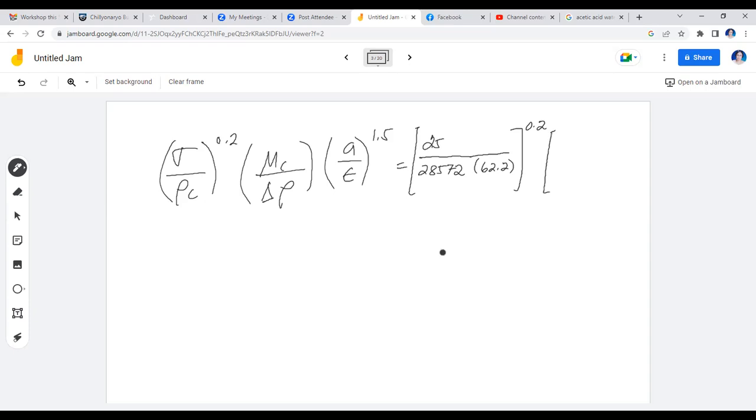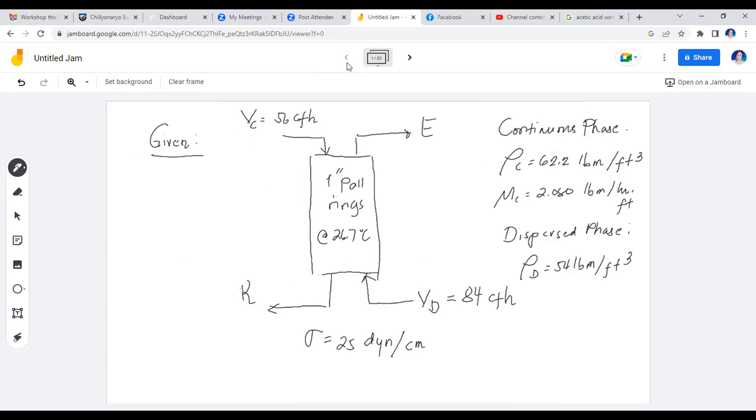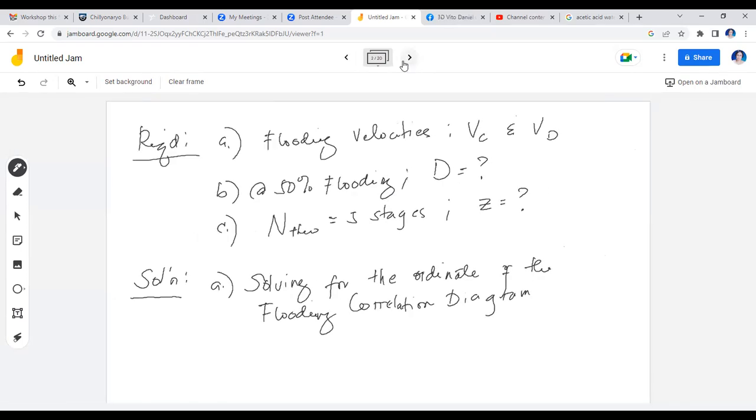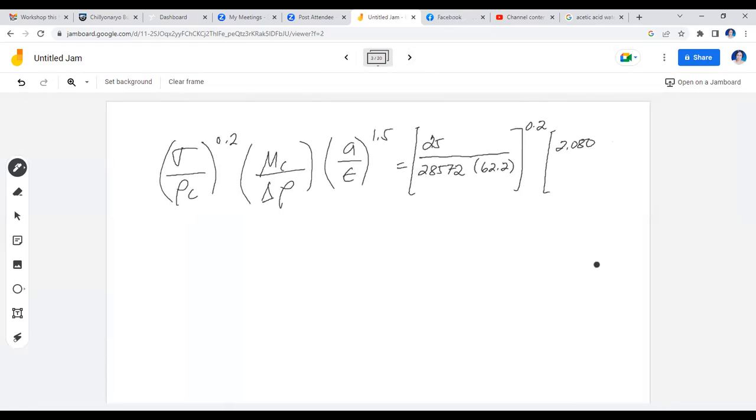For the mu c, that's the viscosity of the continuous phase, 2.080, pound mass per hour per foot. Okay. We divide it by the difference of the densities, so you have 62.2 minus 54.